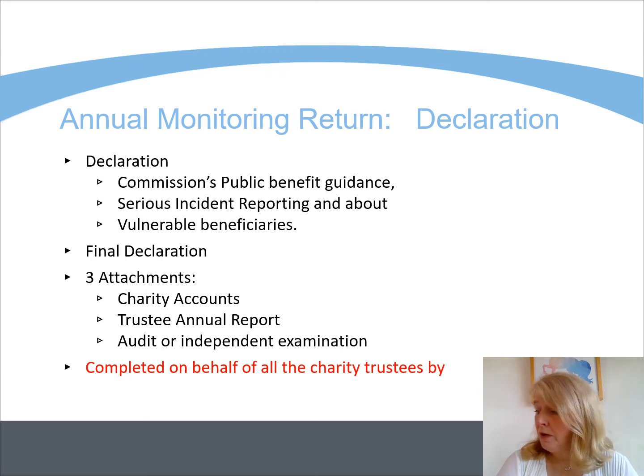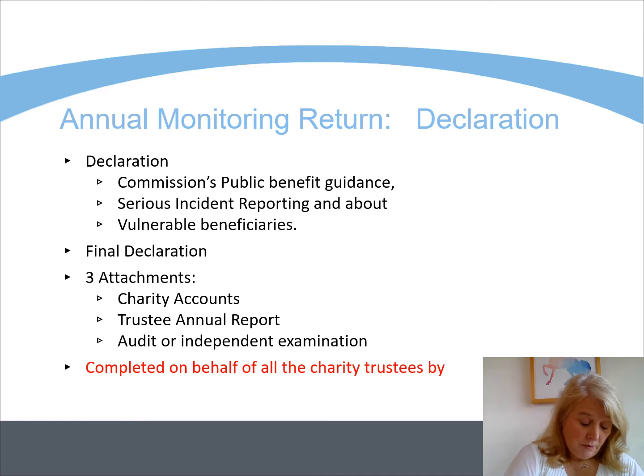It could be a safeguarding incident with a child, which brings us on to the next one. It will ask if you work with vulnerable beneficiaries, and if you say yes, it will then ask if you have the appropriate safeguarding policies in place, and you should. I think the Commission are starting to take this a lot more seriously. So if you do work with children, which you obviously do, you should be able to stand up and say yes, you have the appropriate safeguarding policies for working with children.